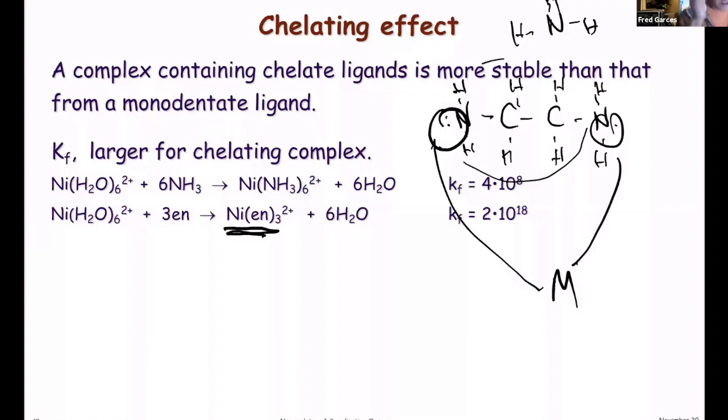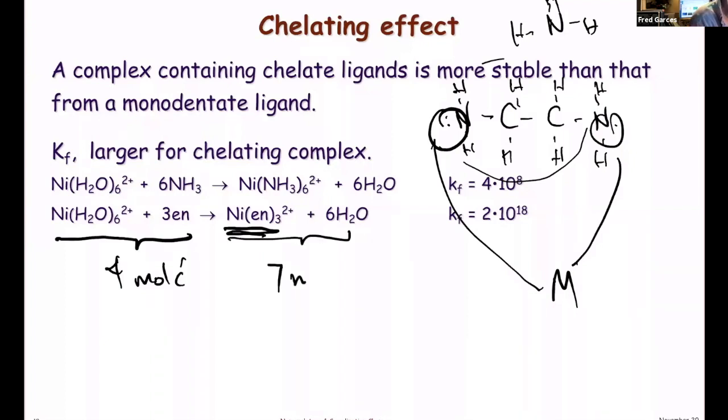But look at the thermodynamics. Here we have a total of 4, let's say, molecules. Here we have a total of 7 molecules. 4 going to 7. What does that tell you about entropy? Entropy is increasing. Okay, when you can get more microstates, 7 molecules have more available microstates than 4, then the entropy goes up.